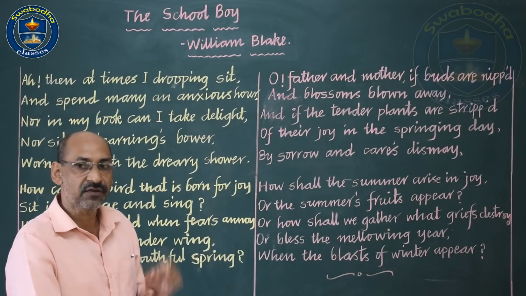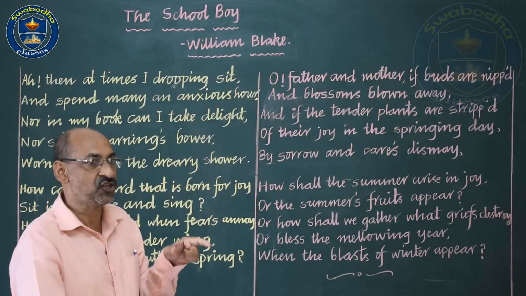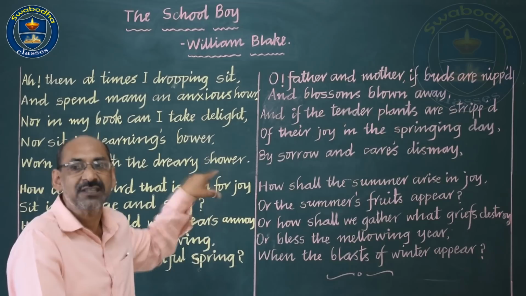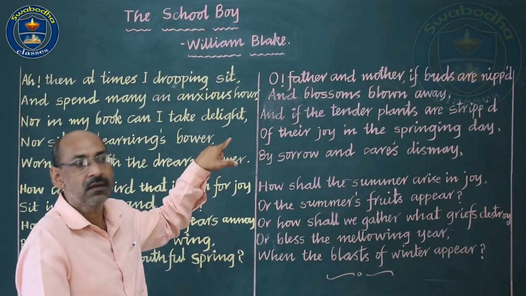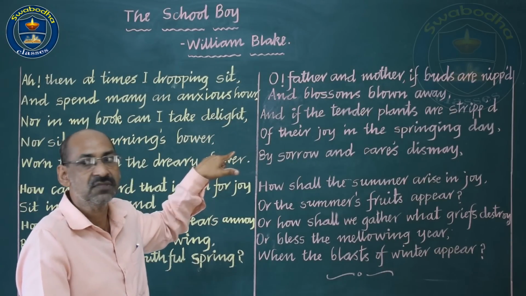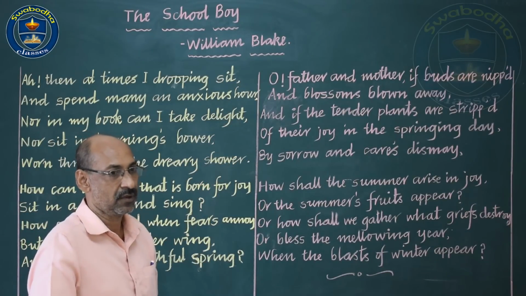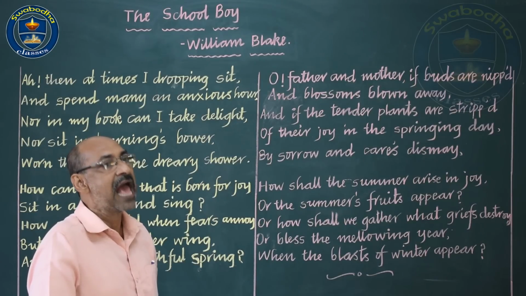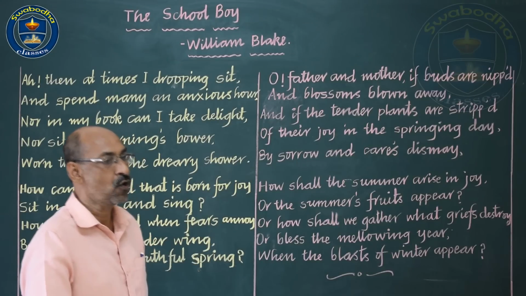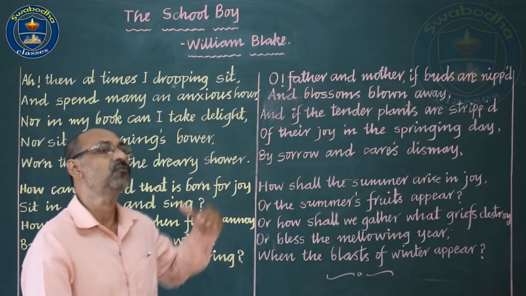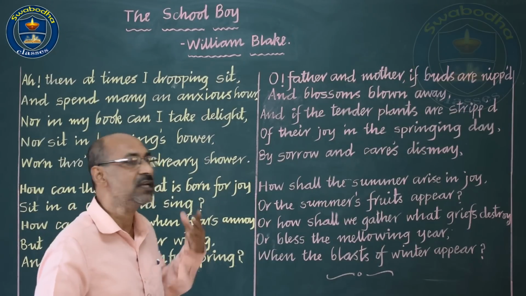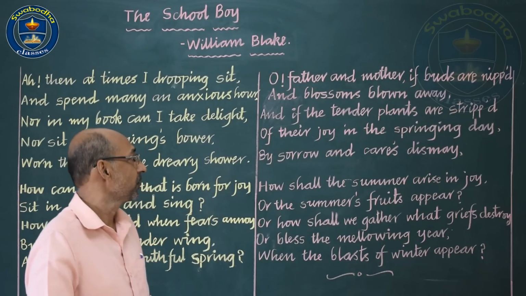Here, the same expression is used to convey the idea of protest. Just see the expression in the second line, blossoms blown away. This is an alliteration. Alliteration is a figure of speech where a series of words that carry the same consonant sound appear.